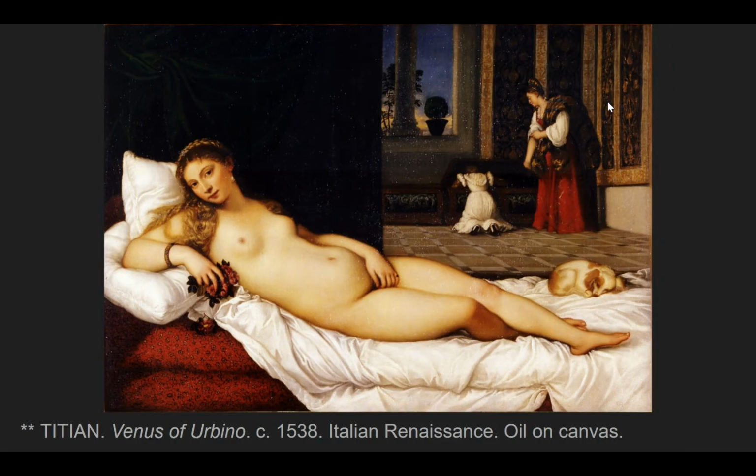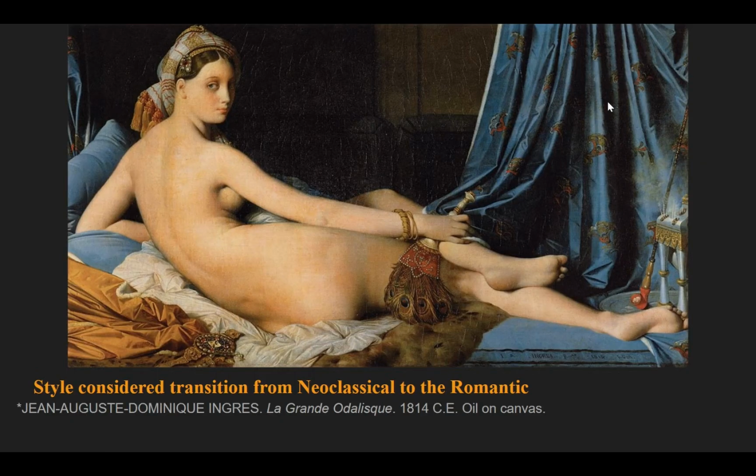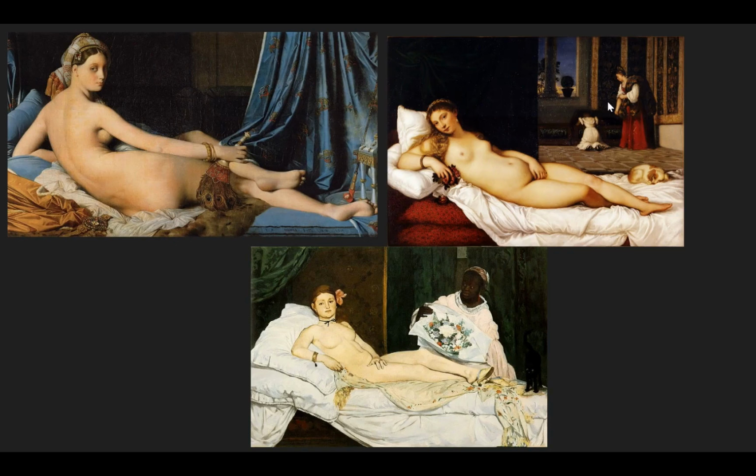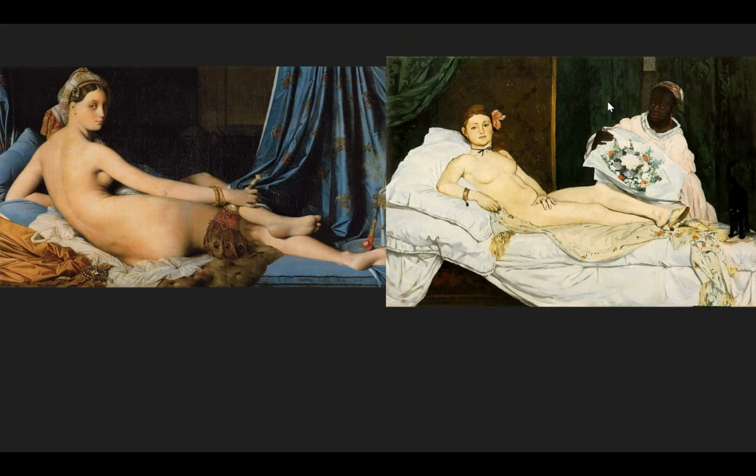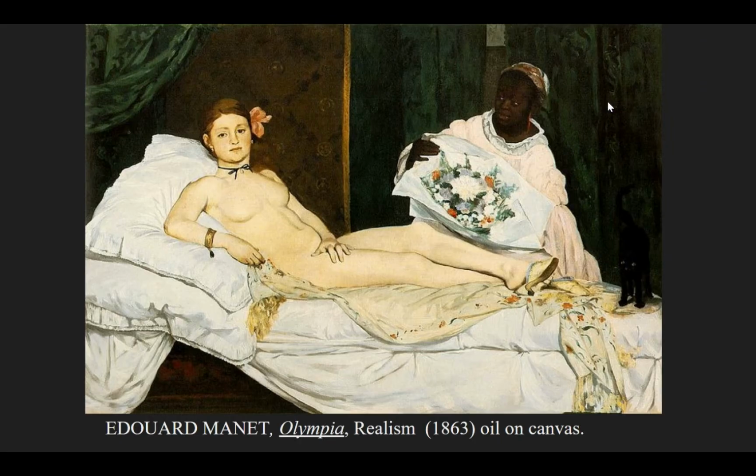Versus the Venus of Urbino, Giorgione's Sleeping Venus, or Le Grand Odalisque. And the differences. Okay. Next is Impressionism.